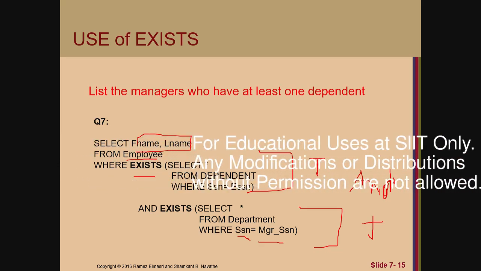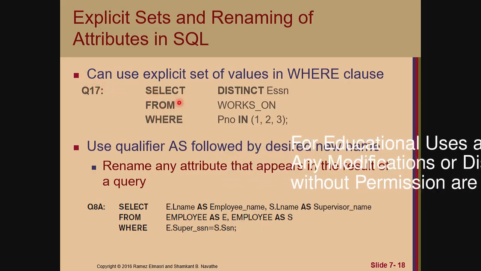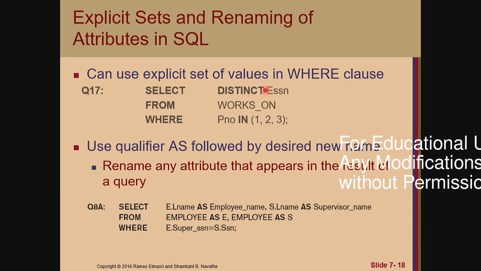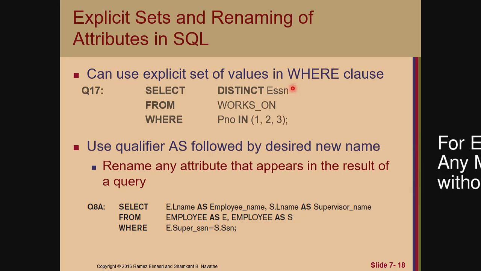Okay. This one, we want to select ESSN. SSN is the social security number, like a national ID, okay? From WORKS_ON, where project number is IN this set.